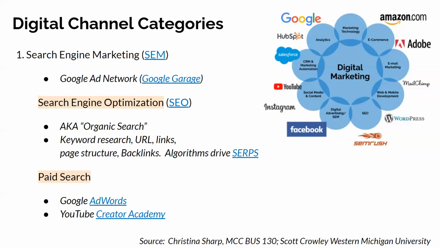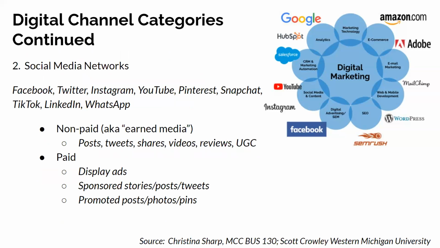So that's part of the reason, not just connecting with customers and trying to be engaged with customers, keeping your brand live and getting customer feedback on your products and services, but also social media platforms help with your search results as well. So that's SEM, search engine marketing, and then SEO, and there's paid search.